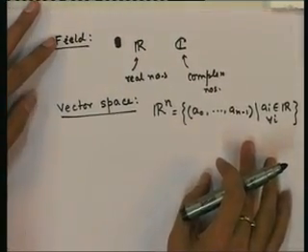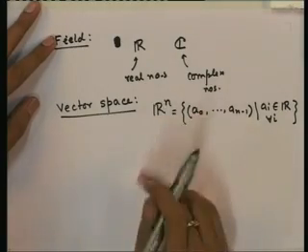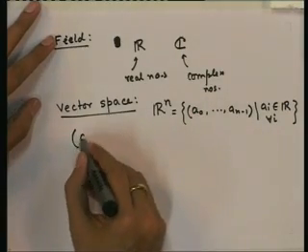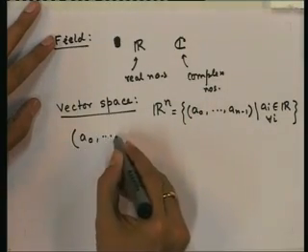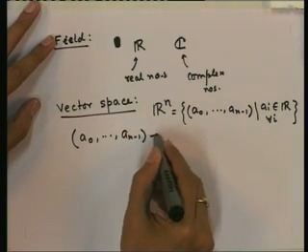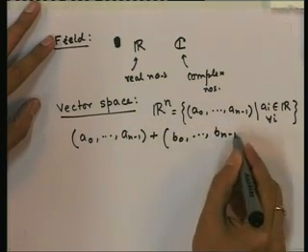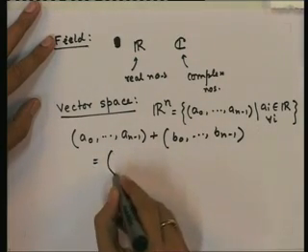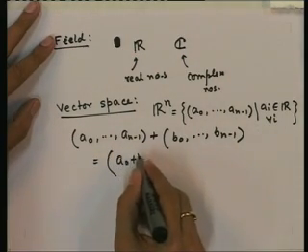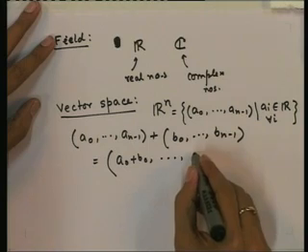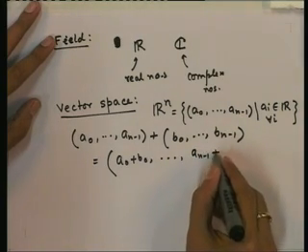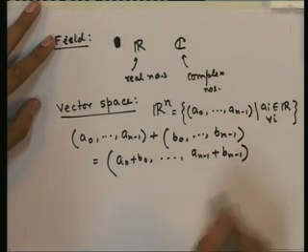And we can define addition in this set. How do we do addition? Addition of two vectors (a0, ..., an-1) plus (b0, ..., bn-1) is simply defined as (a0 plus b0, ..., an-1 plus bn-1).